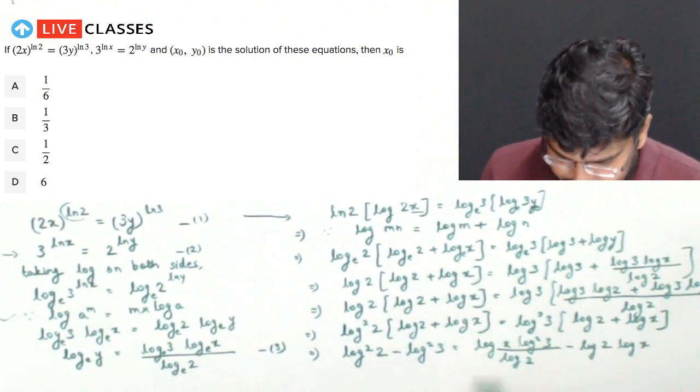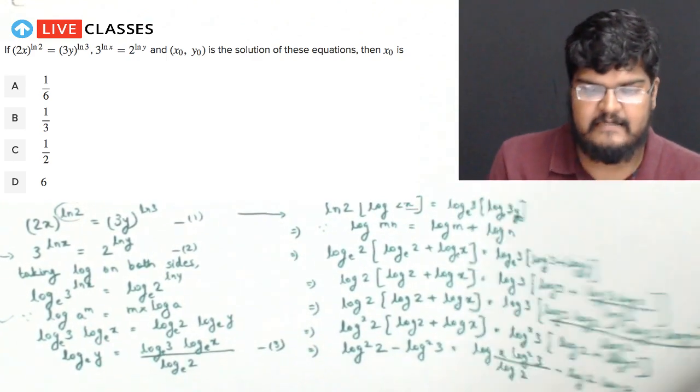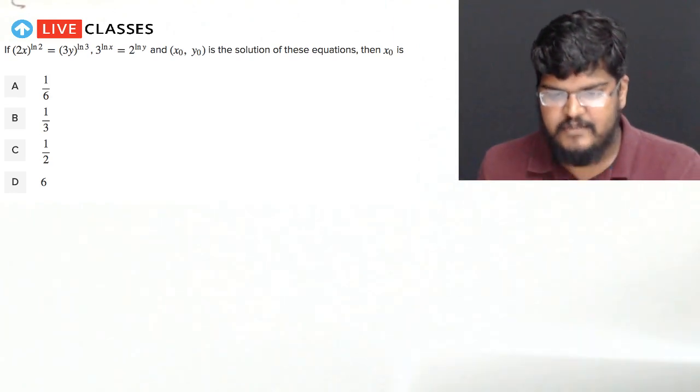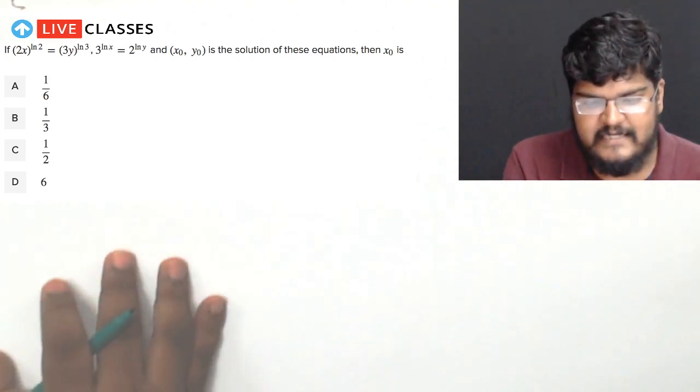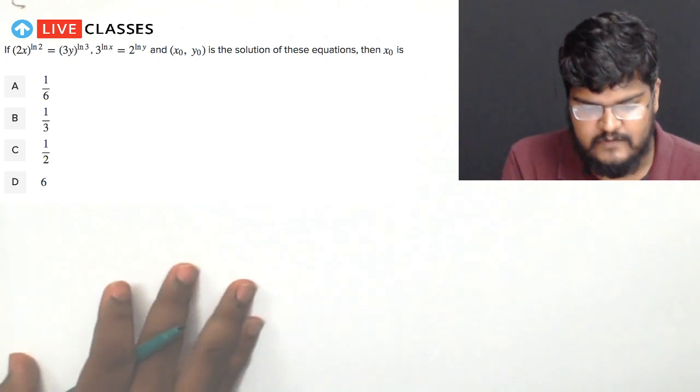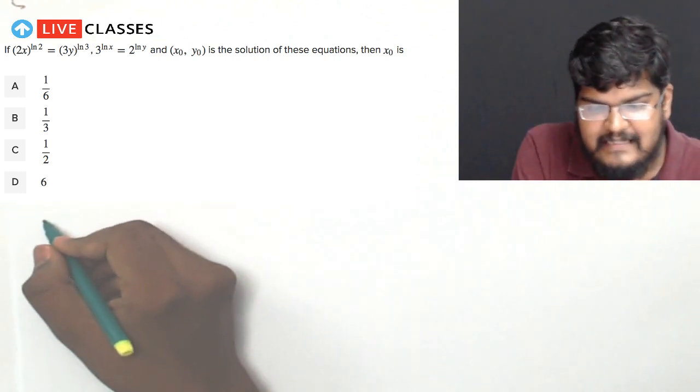From this particular step, when you take it ahead, you need to understand that the equation we have got is something that we are further simplifying. So let us now take the last step once again.